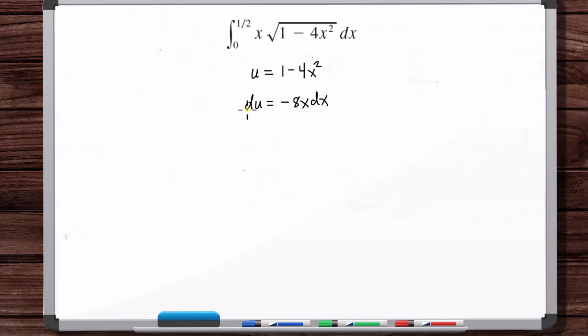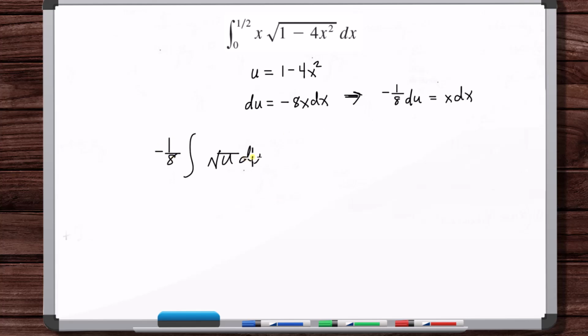the easier way would definitely be to, because look, minus 1/8 du is equal to x dx. So you would have square root of u times minus 1/8 du.